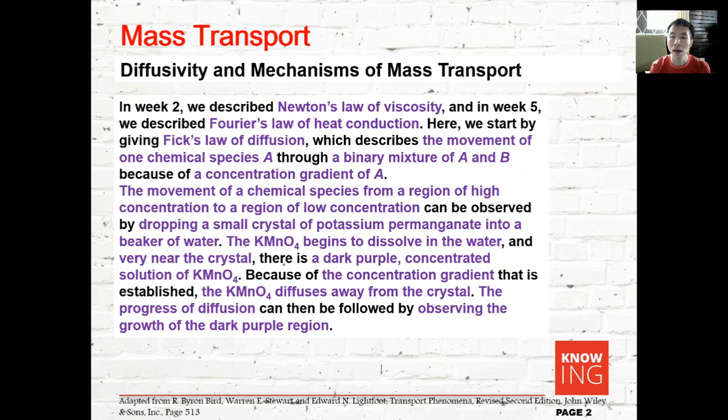This crystal, KMnO4, has a purple color, and when you put it into the water, you can see a distinct region form as the KMnO4 diffuses away from the crystal. This progress of diffusion can be followed by observing the growth of the dark purple region.